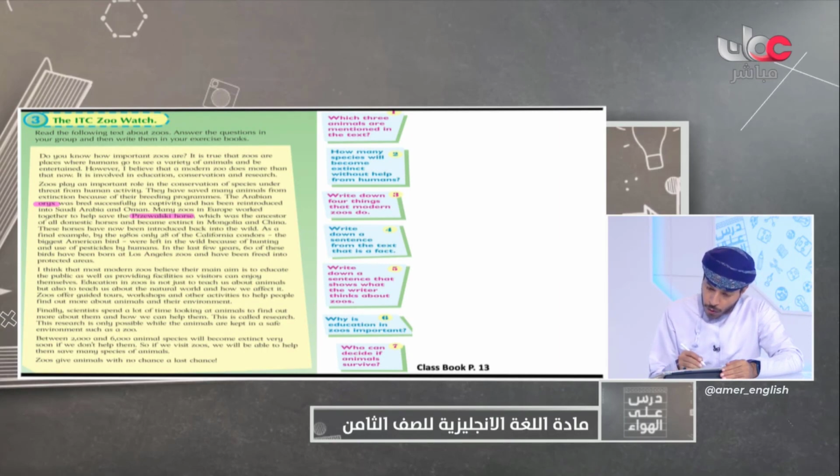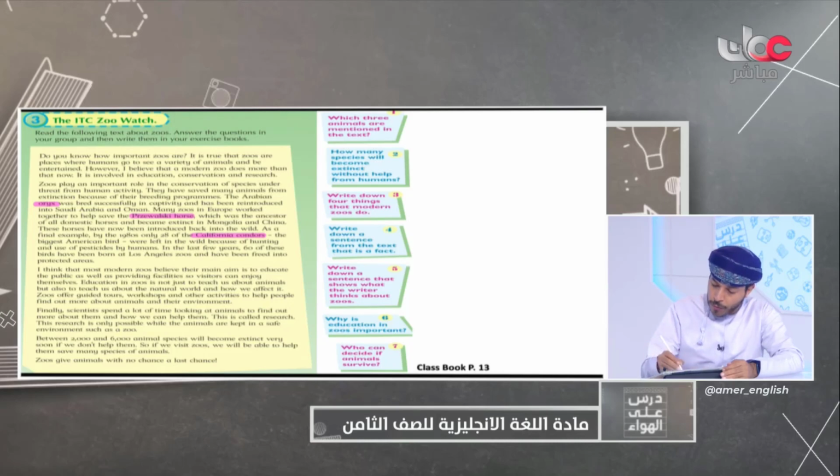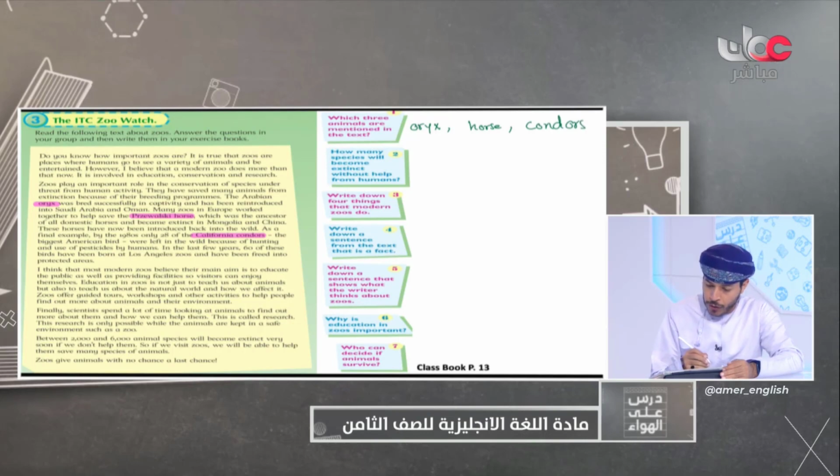Okay, and also it talks about California condors. Okay, so here are the three animals: the oryx, horse, and condors. Okay, so these are the answers.